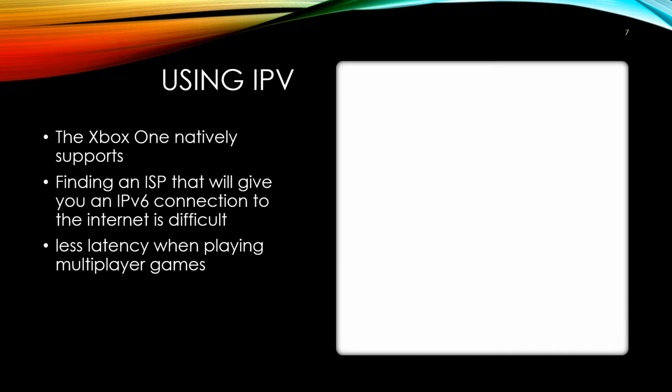If you want to enjoy the best possible gaming experience, it doesn't have to be an Xbox One; it can be a PS4, PS5, PC, what have you. You should use IPv6. The Xbox One natively supports IPv6, but finding an ISP that will give you an IPv6 connection to the internet is kind of difficult.